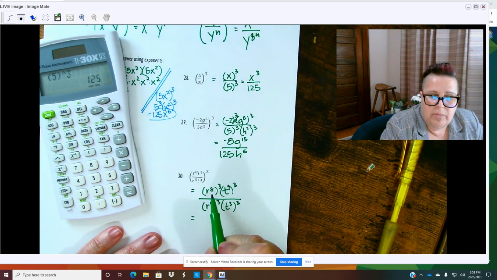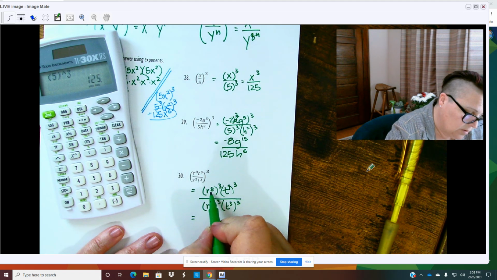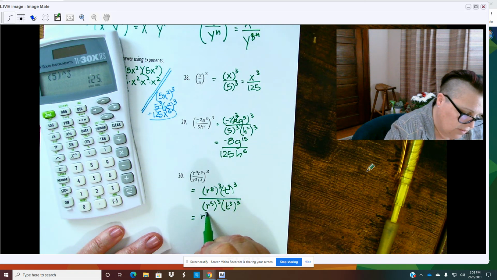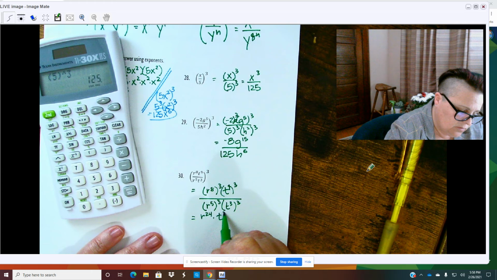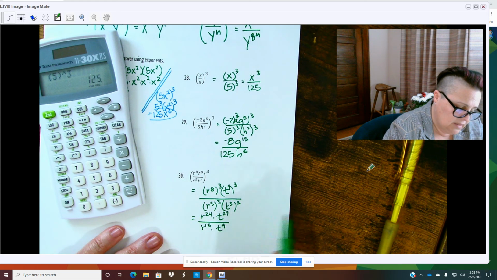Okay. Power to a power says multiply. So I can do r to the 24th times t to the 27th over r to the 15th times t to the 9th.